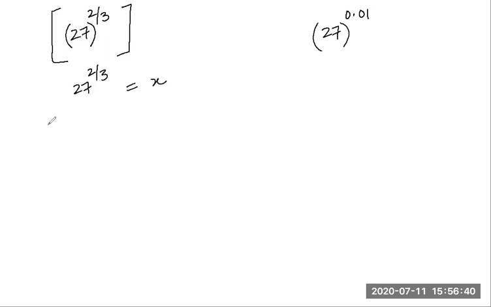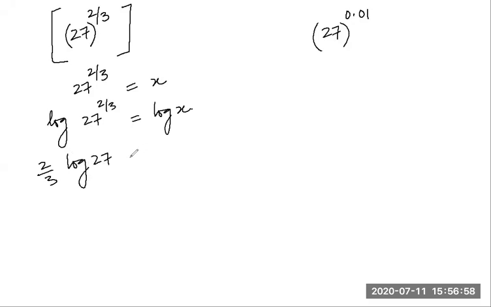Let's take log on both sides. So it becomes log of 27 raised to power 2 by 3 is equal to log of x. So this is actually 2 by 3 log of 27, right, is equal to log of x.